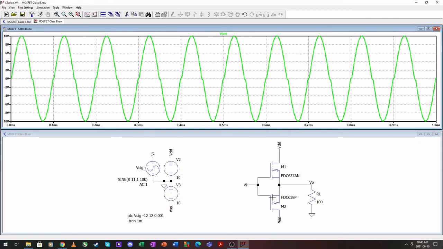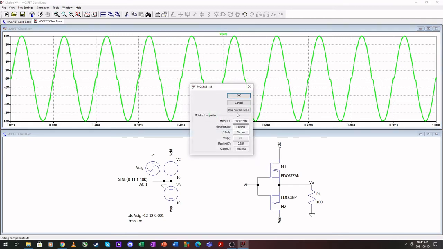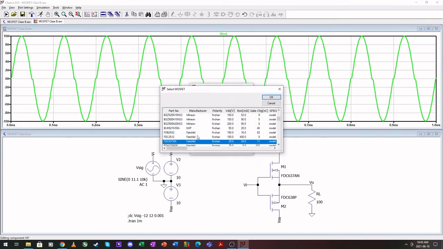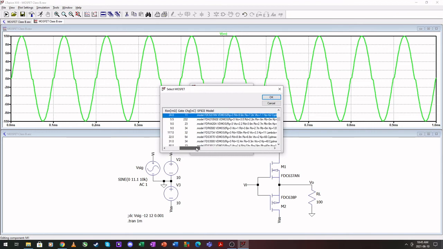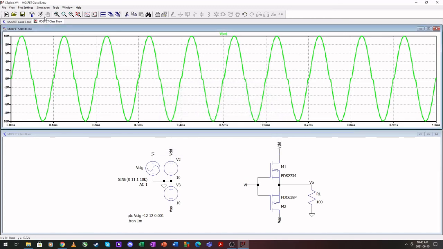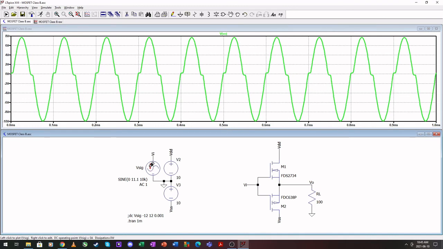And if you don't pick your transistors symmetrically, you can have other problems. Let's pick one at random. This one has a threshold of 1.1. This one has a threshold of 3.3. Let's choose that one. And now suddenly this becomes way more distorted. And look at this output right here. Minus 10, 8.